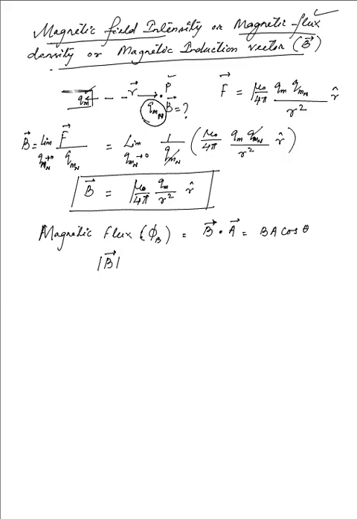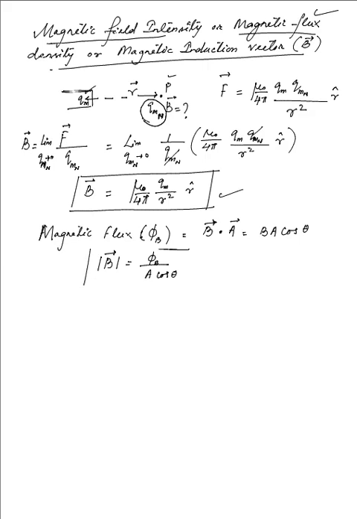So B here is equal to the flux per unit area, with the cosine because the angle along which the lines of force act on a given surface is important. So the magnetic flux density, which is obviously the magnetic field, is equal to the flux per unit area.